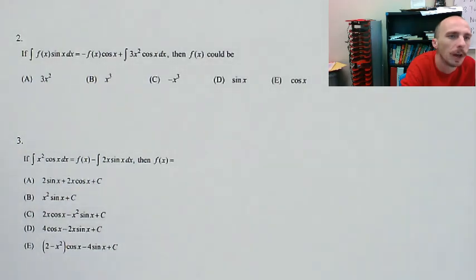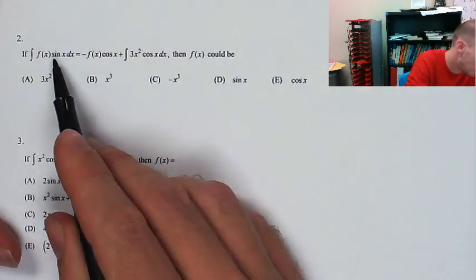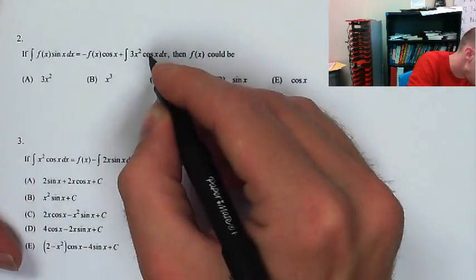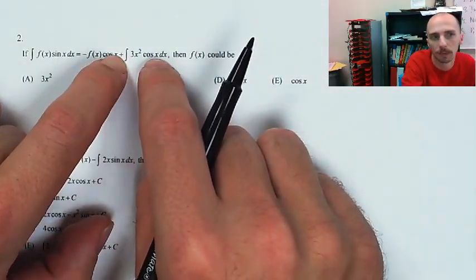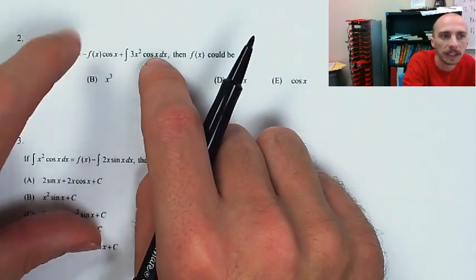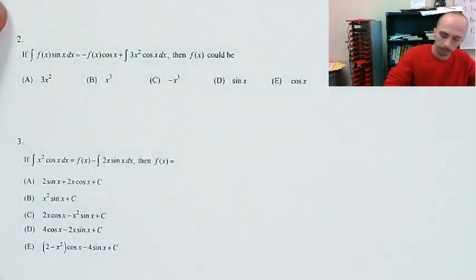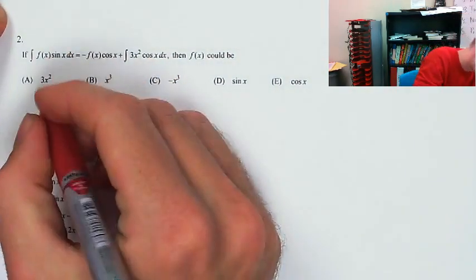Oh, no, okay, it has to be that dv is sine x, because over here, to get negative cosine x, I didn't take the derivative, right? So dv equals sine x dx. That's what I know.